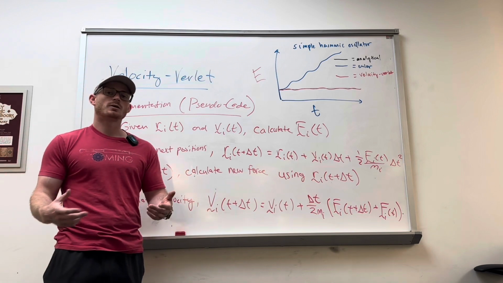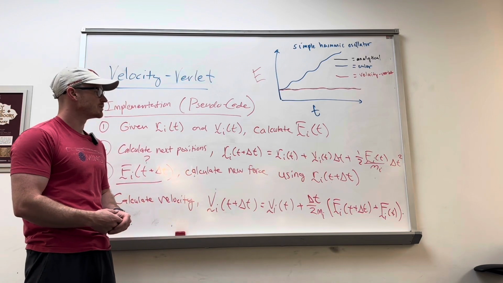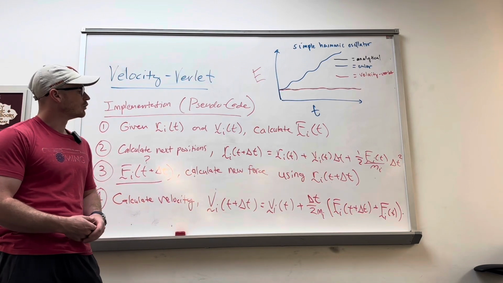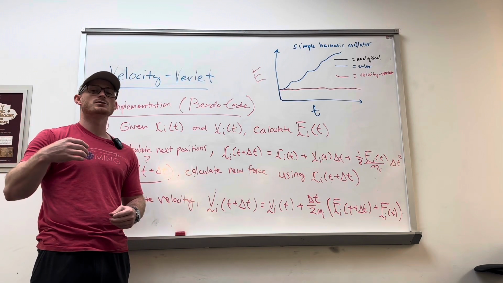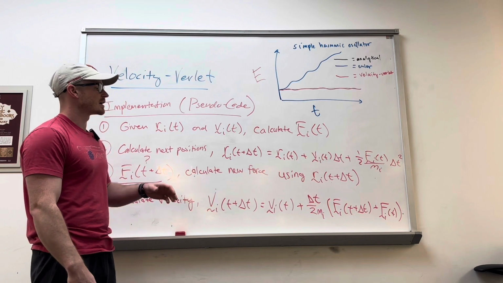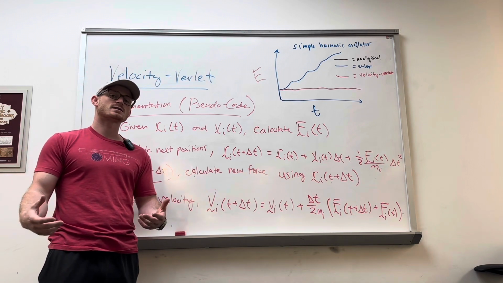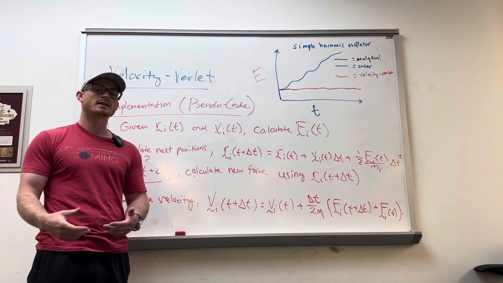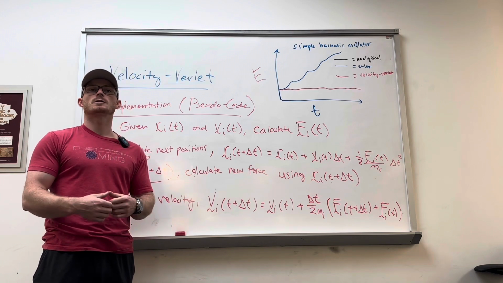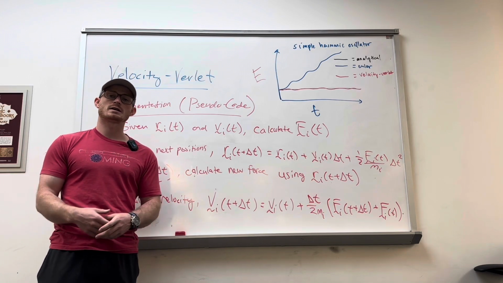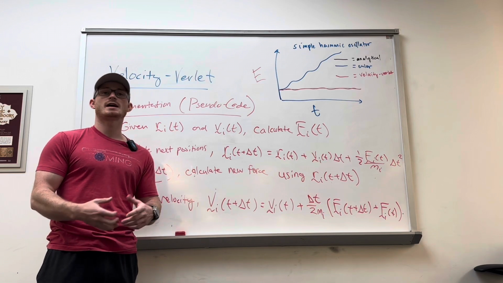Well, thank you guys so much for tuning in to this lecture on numerical integration of the equations of motion. And what we're going to get into next time is a bit more of the physics of classical mechanics. We're going to start to reframe Newton's equation of motion in terms of some maybe less familiar quantities, including the Lagrangian and action.